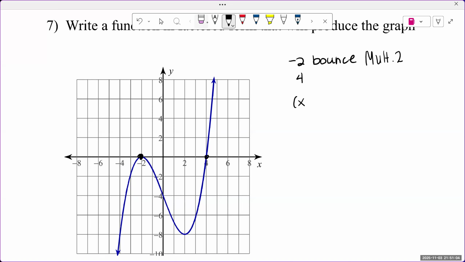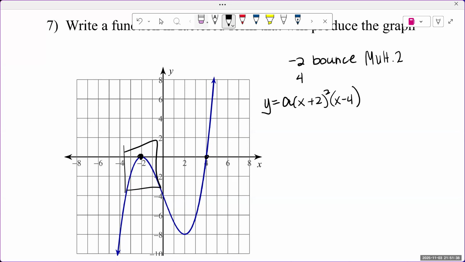So we have x plus 2 squared, it's like a little parabola, times x minus 4 with some coefficient for a. Okay, you with me? Not too bad. We know that if it bounces, it's multiplicity 2. If it cuts through, it's multiplicity 1.